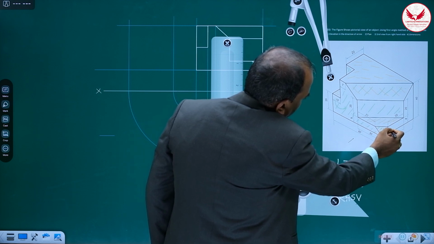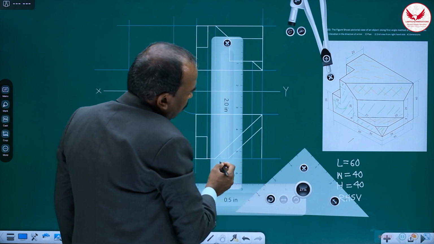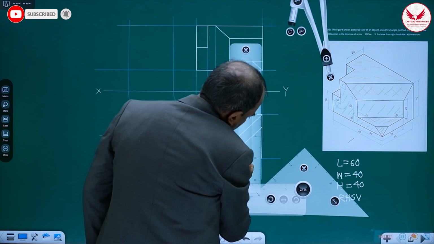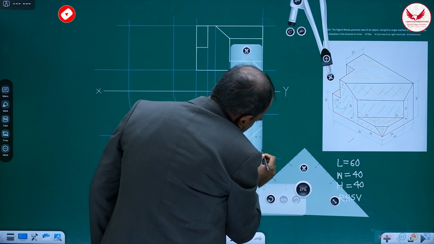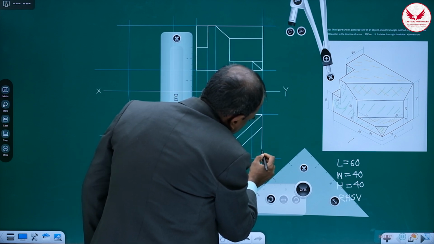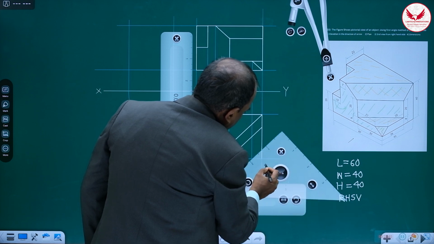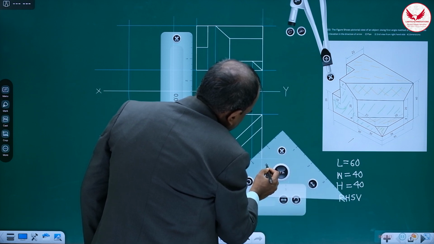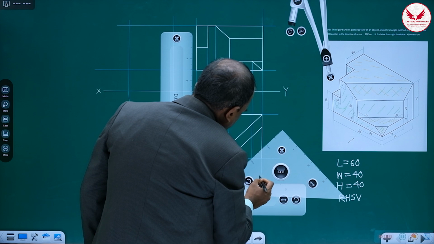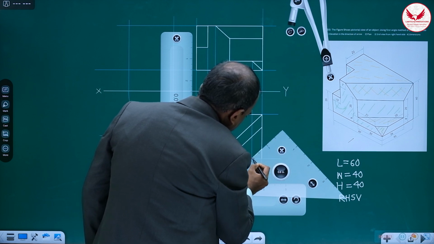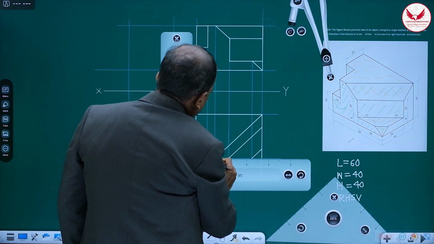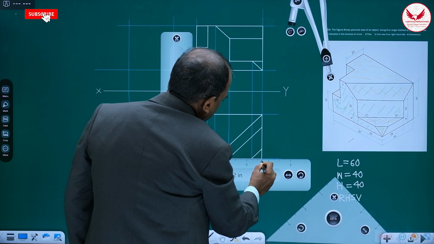So how much gap is remaining? Only 8. Means from this portion, the gap of 8, wherever this 8 is there, then you mark this line. This portion, and make the final line dark.